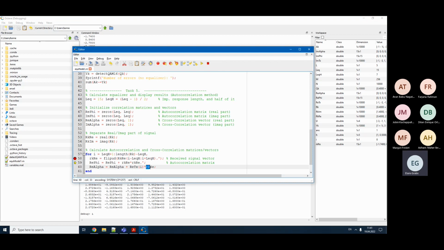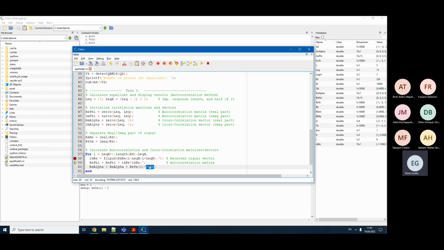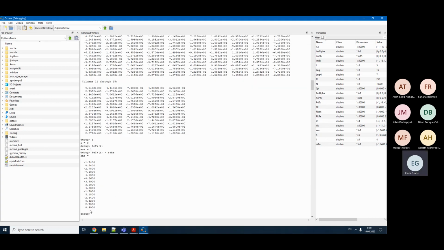Now what we are going to do is multiply it with all the possible received 15 values, rk real. And since it was 1, nothing really changed. And that is our cross-correlation vector.